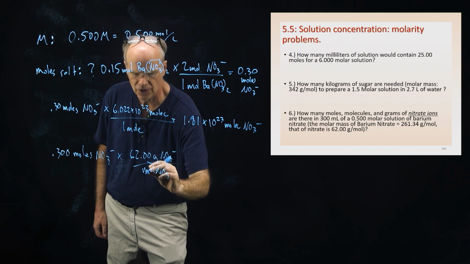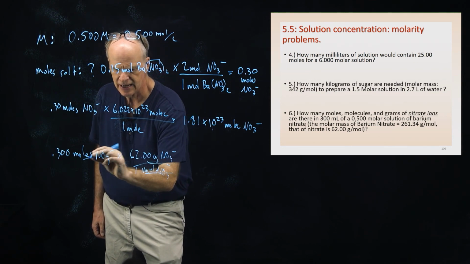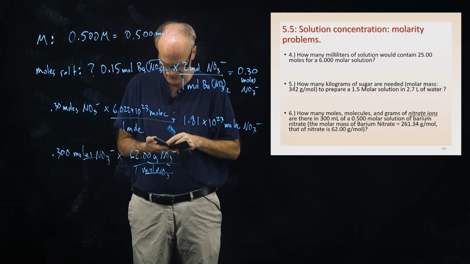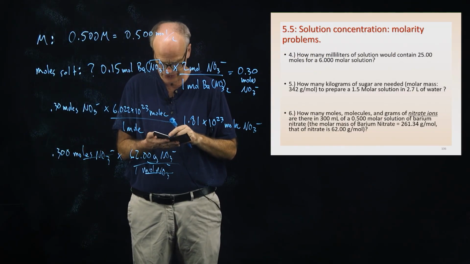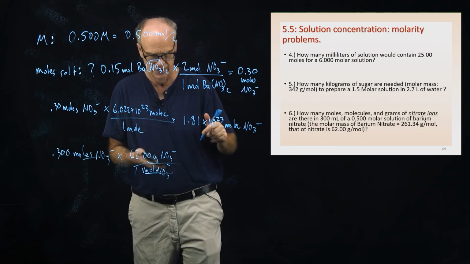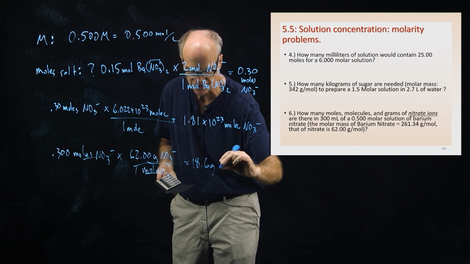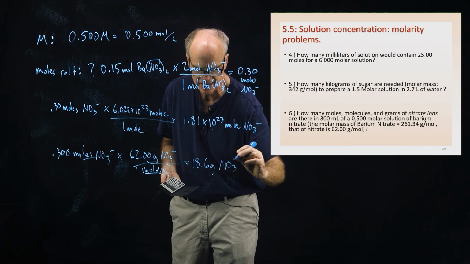So the moles of nitrate cancel, leaving us an answer in grams of nitrate. So it's going to be 0.3 times 62. So I get 18.6 grams of nitrate. That should be the answer. Okay.